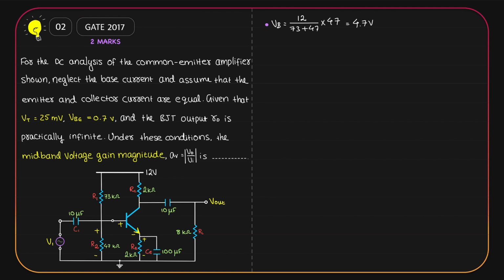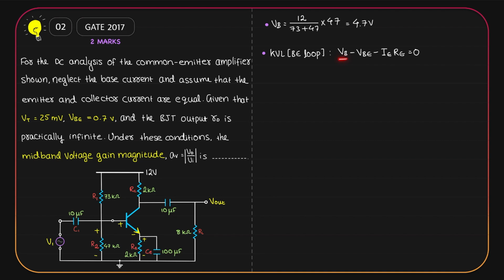Now, VB, which is the potential drop on the resistor R2, is from negative to positive. VBE is from positive to negative. IE-RE is also from positive to negative. So, if we apply Kirchhoff's voltage law, we get VB minus VBE minus IE-RE is equal to 0.